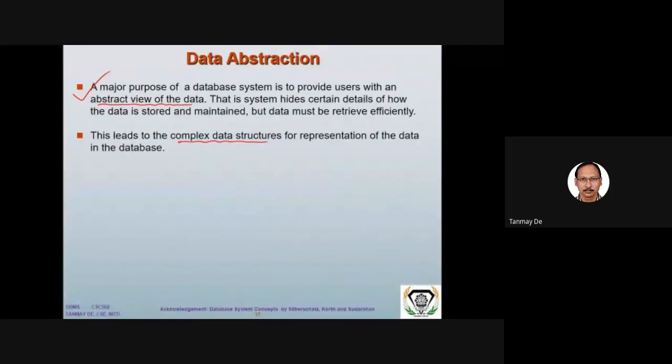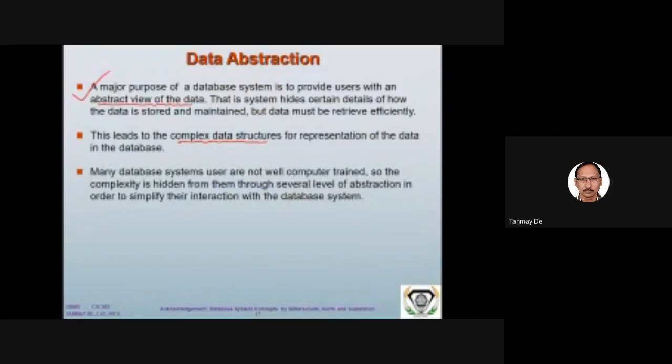Most of the database system users are not computer trained. Maybe a small training will be there sometimes. So this complexity is hidden from the user through different levels of abstraction.